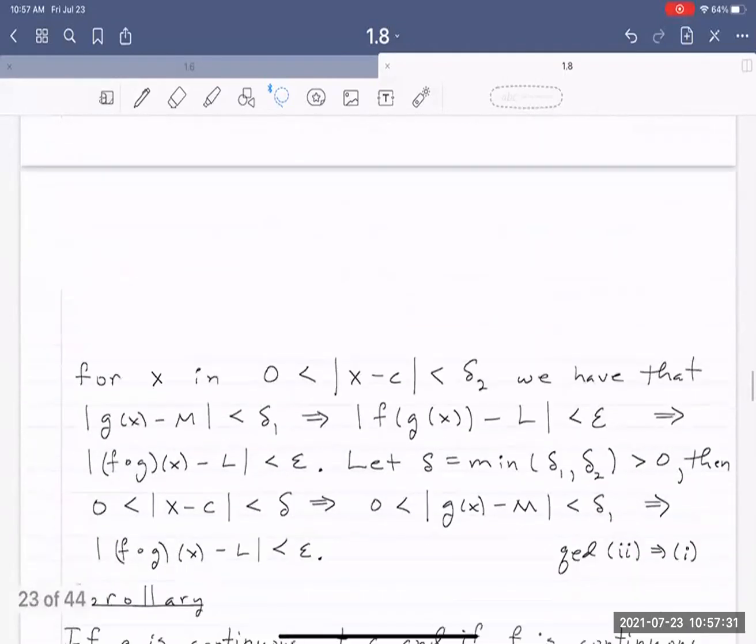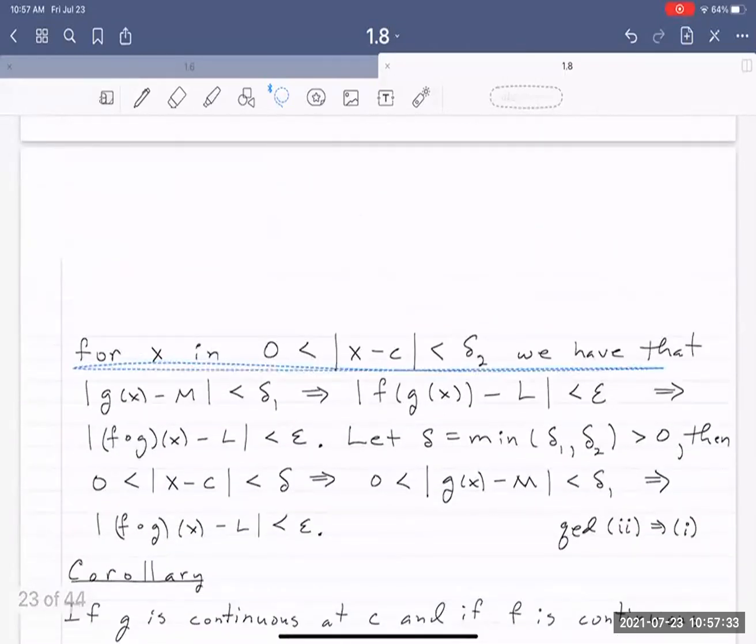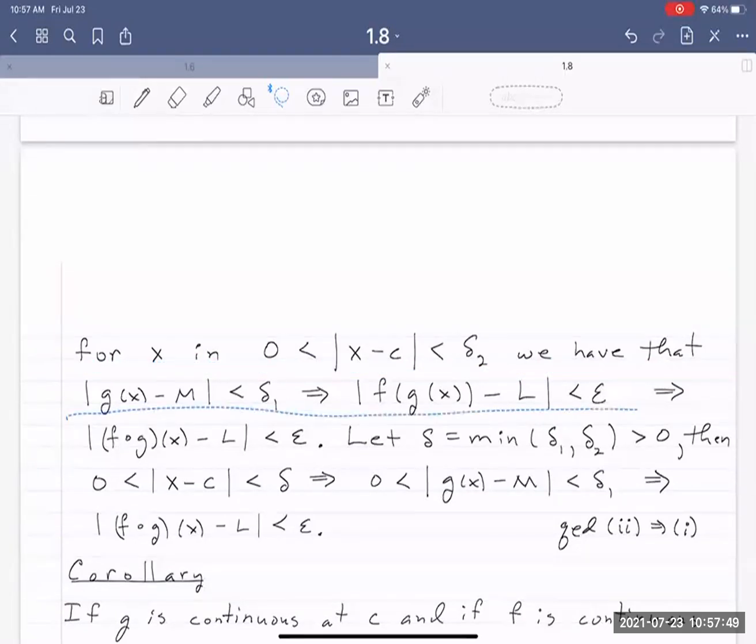So for x satisfying x minus c in absolute value between 0 and delta 2, we have that g of x minus m in absolute value is less than delta 1, but that implies that f of g of x minus L in absolute value is less than epsilon.